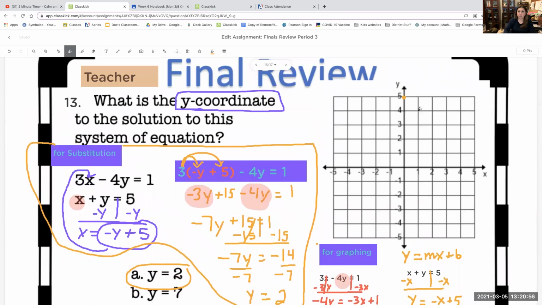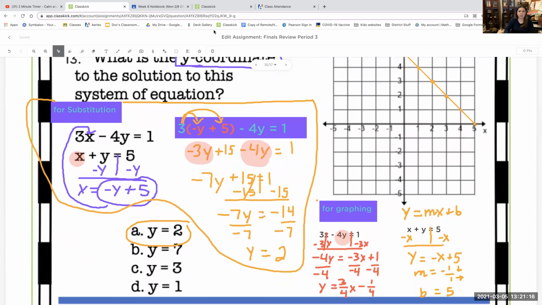So down, 1 to the right, draw my point, down, 1 to the right, draw my point, down, over, down, over. So if I draw my line, that is this first line right here. So this line right here is that guy right there.